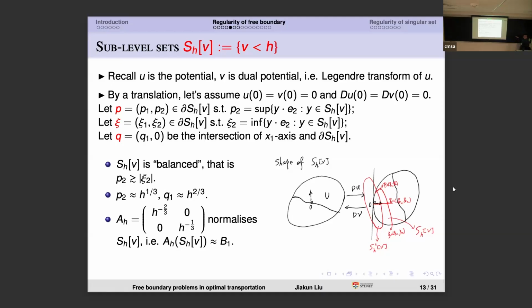If such a function v is strictly convex, you reduce the height h, let h go to 0, then the level set will shrink and shrink until it becomes a single point.